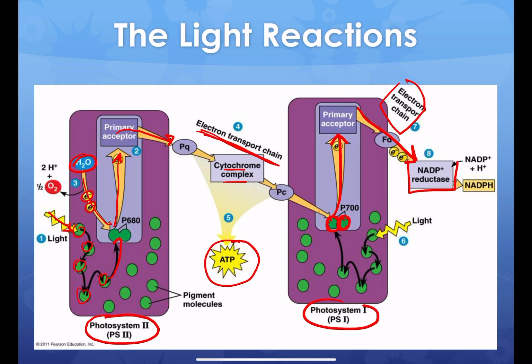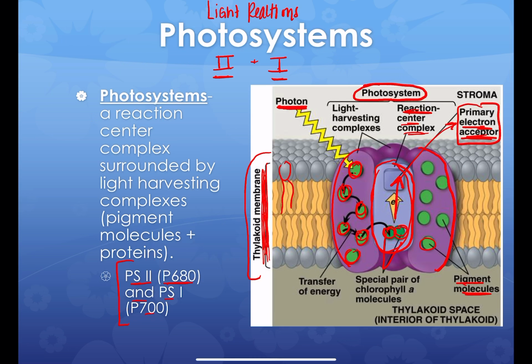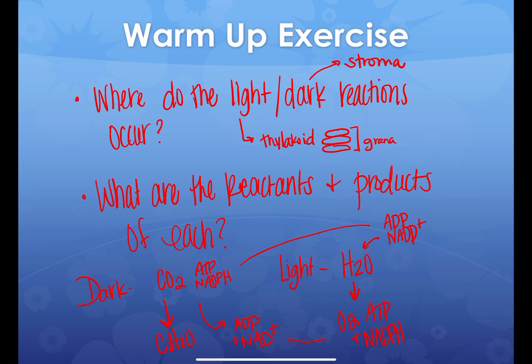And ultimately going to NADP reductase, where NADP is going to pick up those electrons and use them to make NADPH. Okay? And so this is all of the light reaction. You see that all of these steps happening.